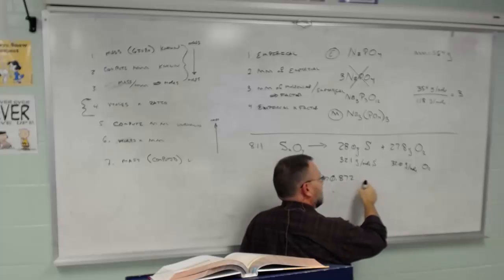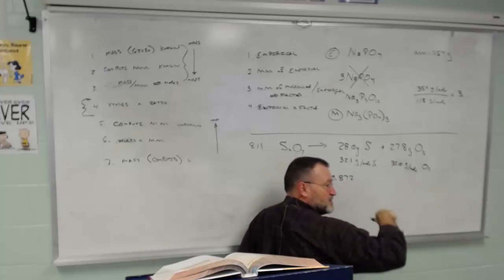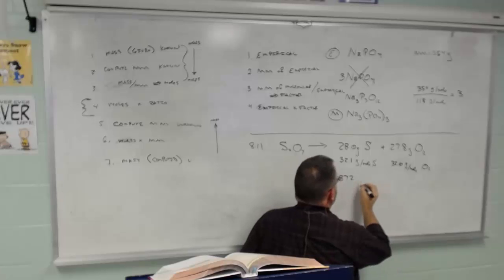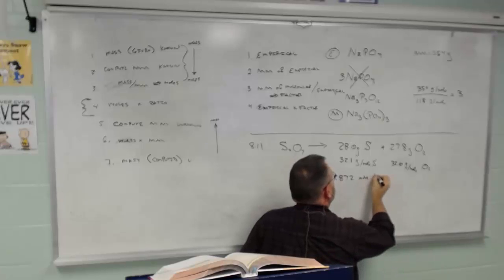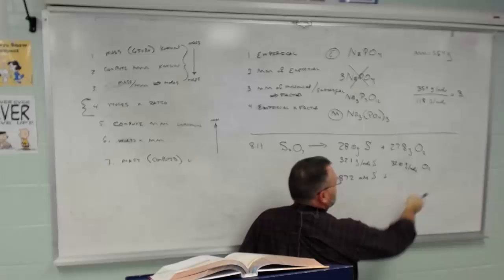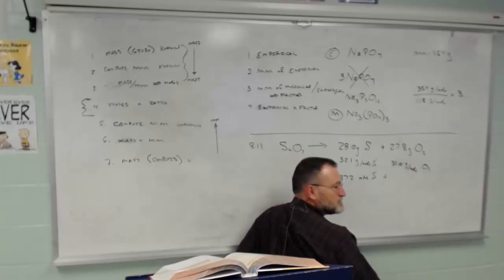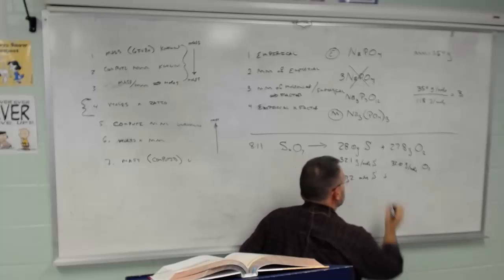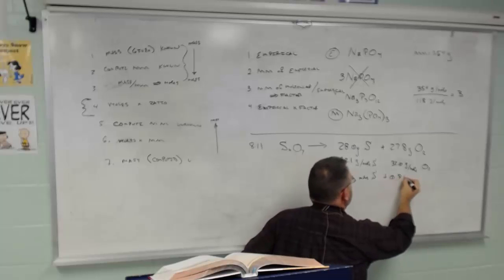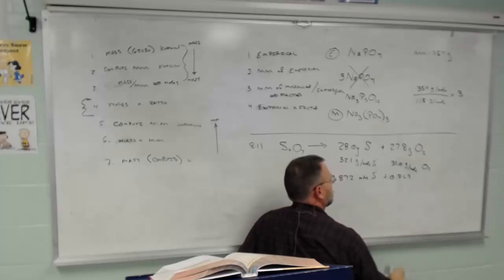So hopefully the next line over here is 4 or less. Okay, 2, okay. So we have this many moles of sulfur, and what's 27.8 divided by 32.0? Okay.